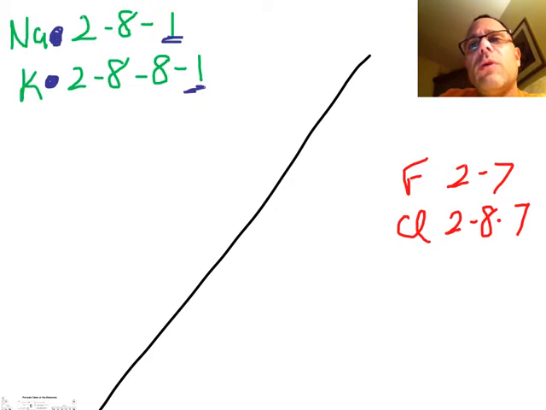But which one of these would allow the electron to leave easier? Well, the protons in the nucleus of this sodium have the ability to pull on this 1 electron more forcefully than this potassium could pull on this electron, just because it is closer. So let me grab a pen here. The first ionization energy for sodium would be higher than that for potassium. Again, that is because of the position of the last electron versus the nucleus.